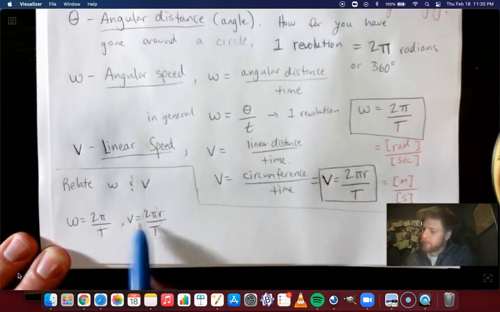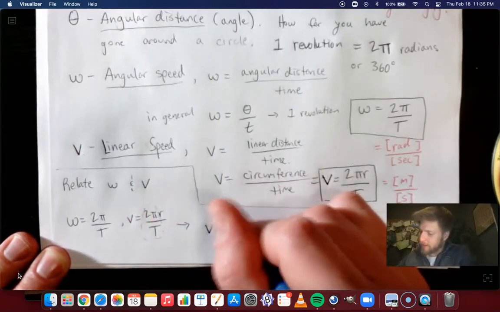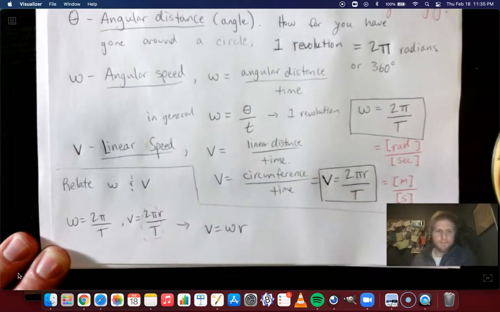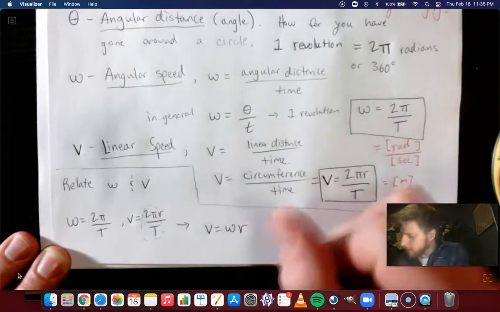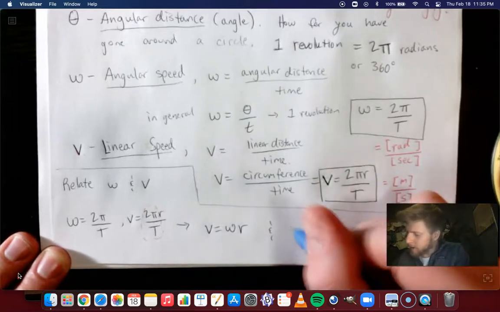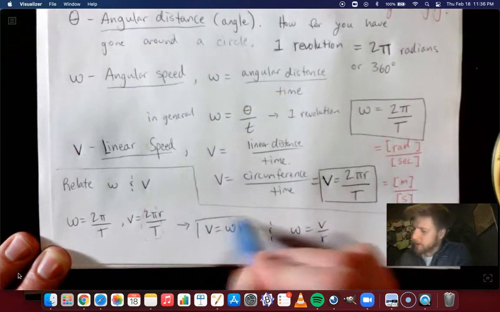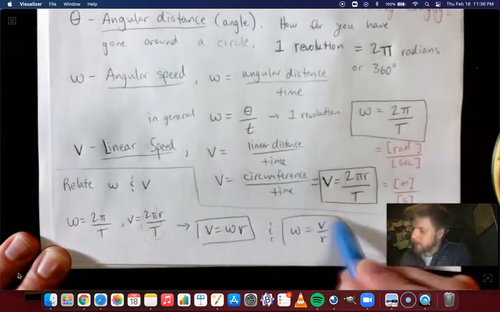So what we can do is simply replace 2 pi over T with omega. So that means that v is omega r. Or we can solve for omega as well. Just divide both sides by r, and we get that omega is v over r. Check my work there in the algebra. That is how we can relate the two of them together.